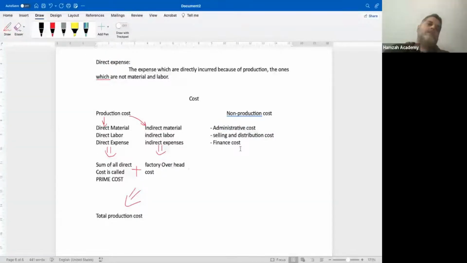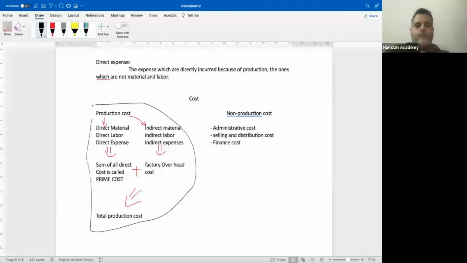Similarly, we have the logistics, we have the supply chain arrangements, those costs are going to be called as the distribution cost. And then we have this finance cost, which is related to the business as a whole, right? So that is the non-production cost. And over here, this one that we all have, this is the production cost overall.